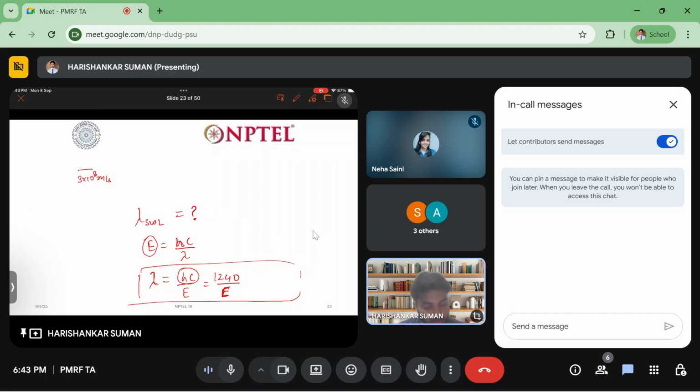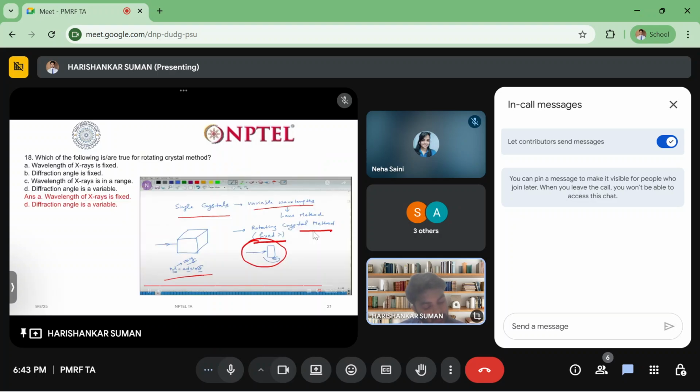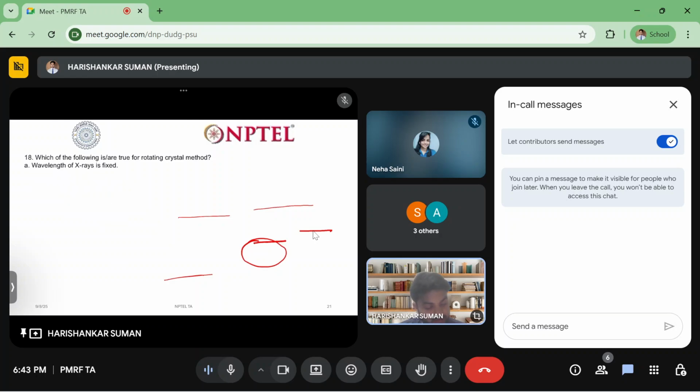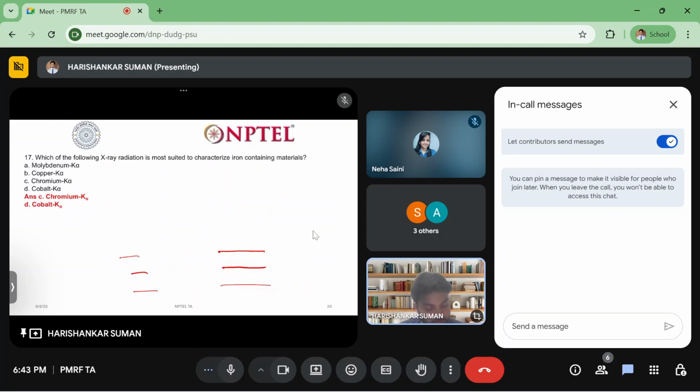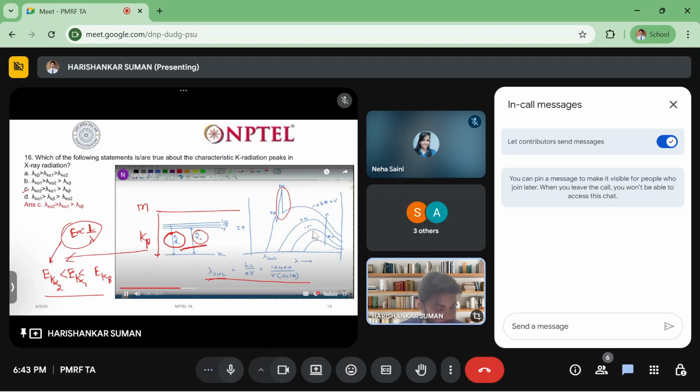Let me show you the exact formula that you can use: hc by lambda, with the energy in electron volt.